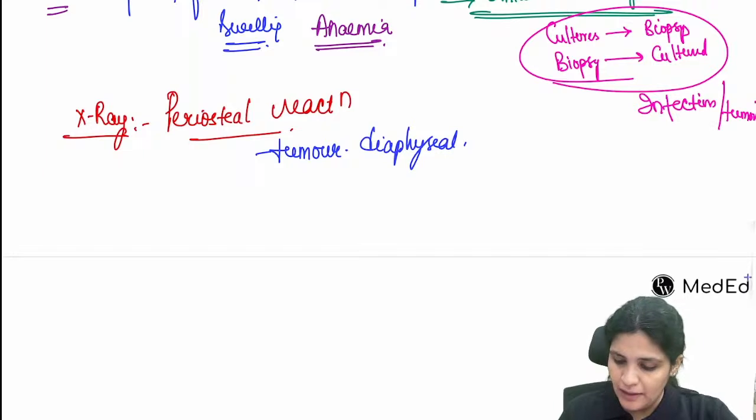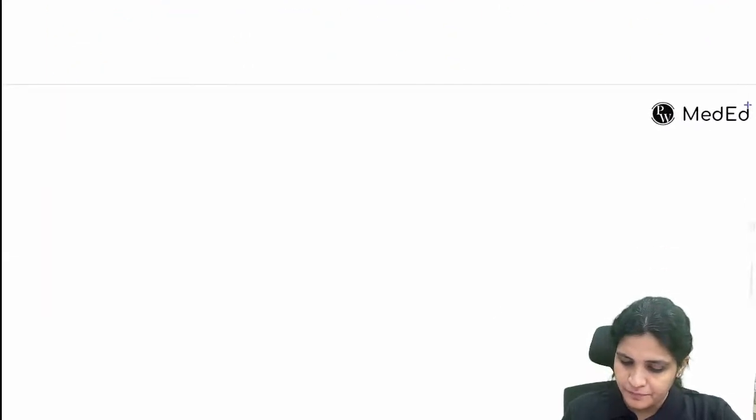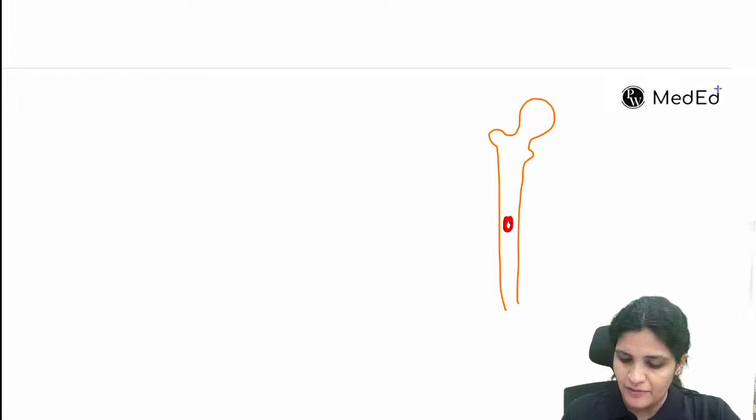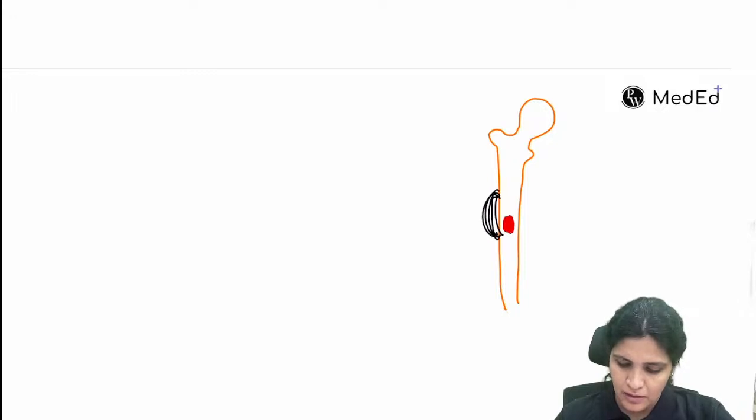So you can draw a diagram. Just imagine your femur, in the diaphyseal region, you will see your periosteal reaction.